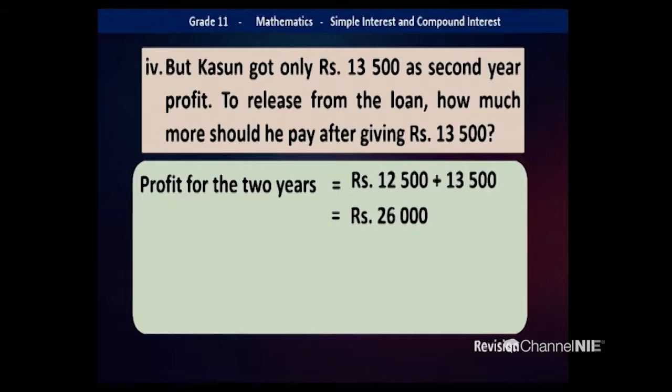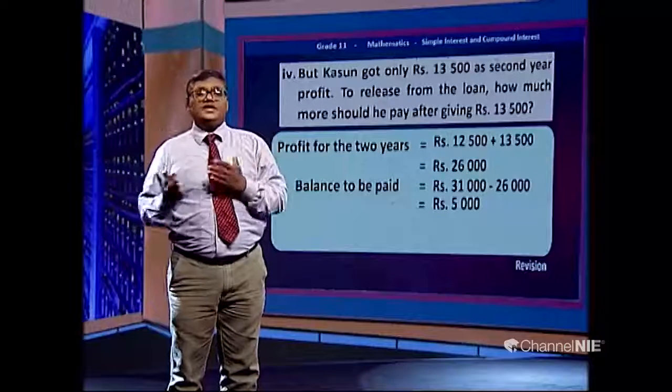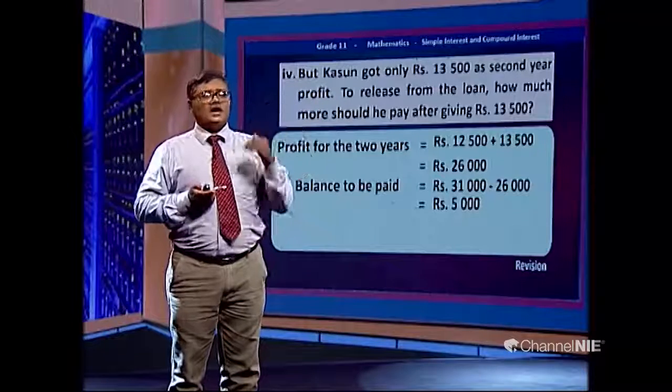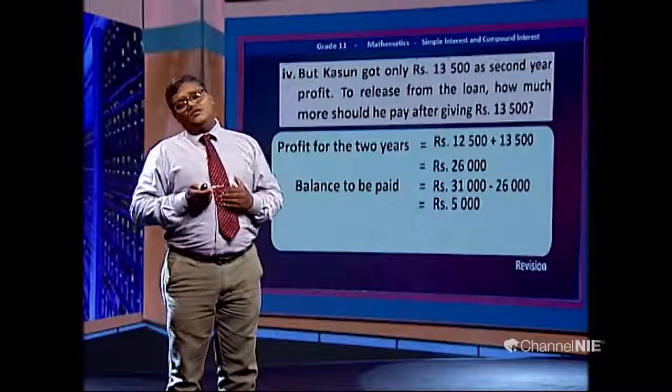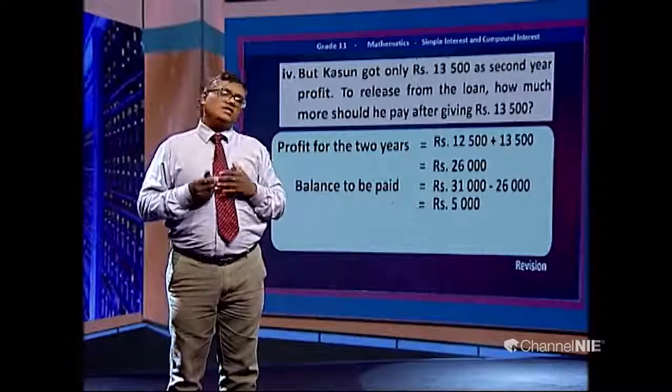Therefore, he will get only 26,000, but as we calculated earlier, he should pay 31,000. Then there is a remaining balance amount. 31,000 minus 26,000, the answer is just 5,000. 5,000 is lacking. He should find 5,000 from some place to settle this loan. Therefore, the answer for the fourth question, how much more should he pay after giving 13,500, is rupees 5,000.